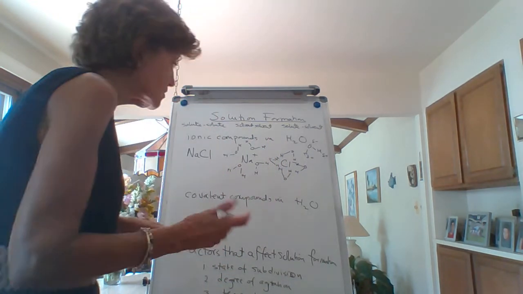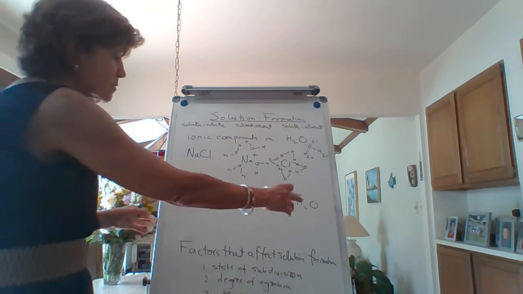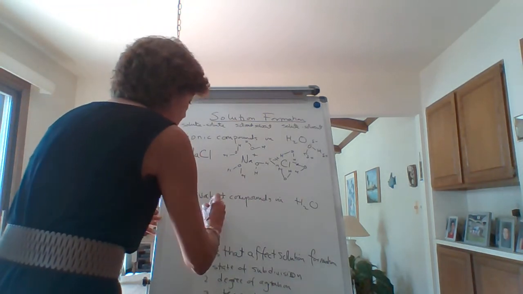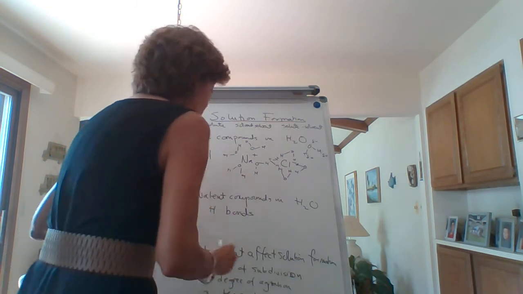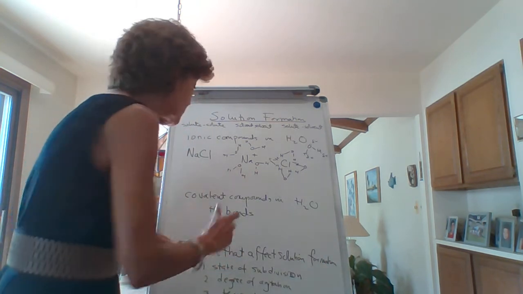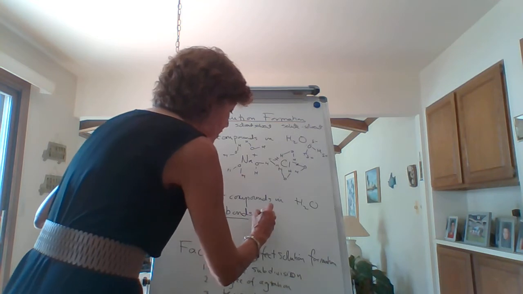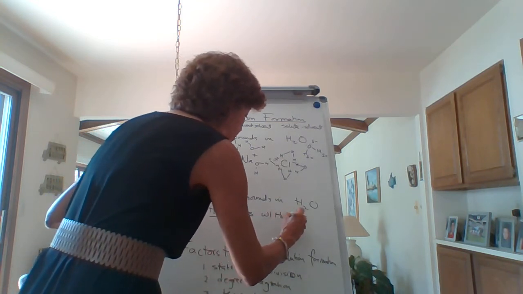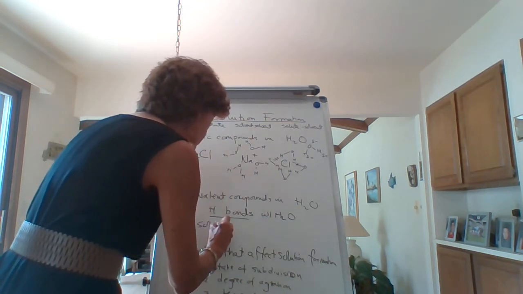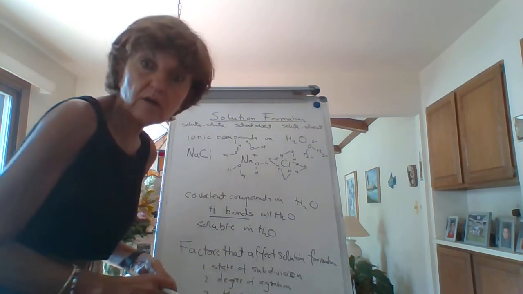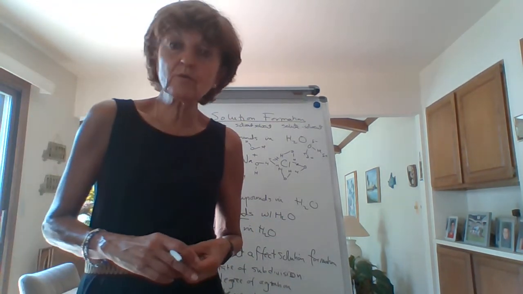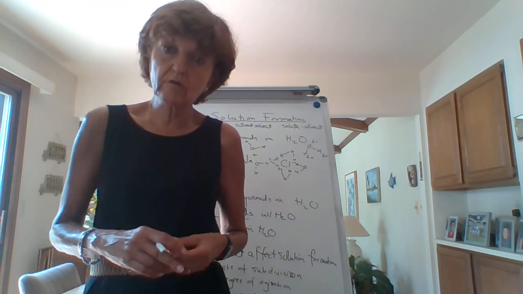Hopefully, yes. So what happens with covalent compounds in water? You form hydrogen bonds. If a covalent compound can hydrogen bond with water, it's going to be soluble in water. If a covalent compound can't hydrogen bond with water, it tends not to be soluble in water.